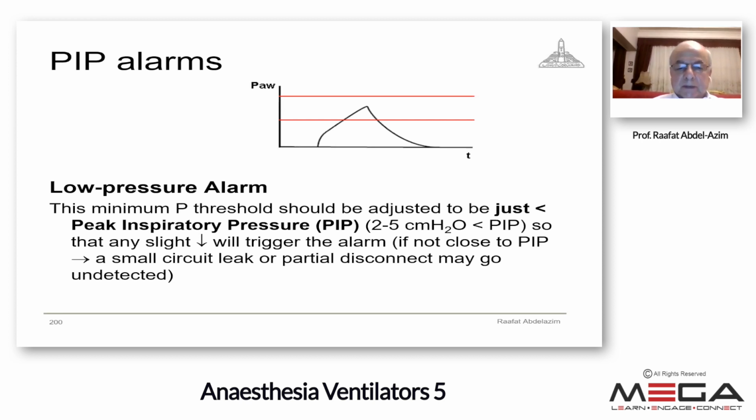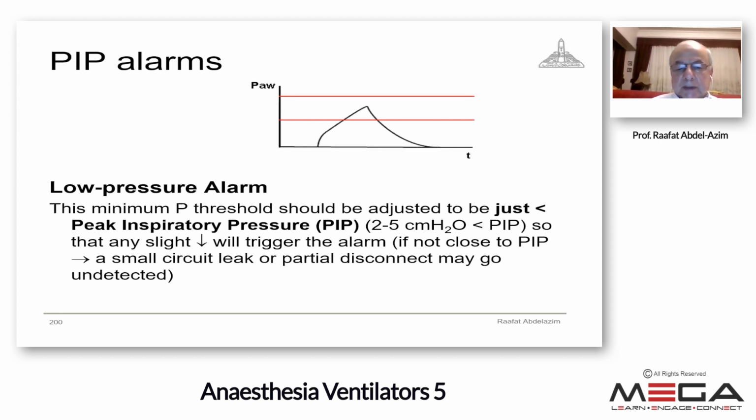So you start ventilating the patient, you intubate the patient, start surgery, and check what is the peak inspiratory pressure of this patient. If it is, for example, 20, you set the low pressure alarm at 15 to 18 centimeter water, 2 to 5 centimeter water below the peak inspiratory pressure of this individual patient.